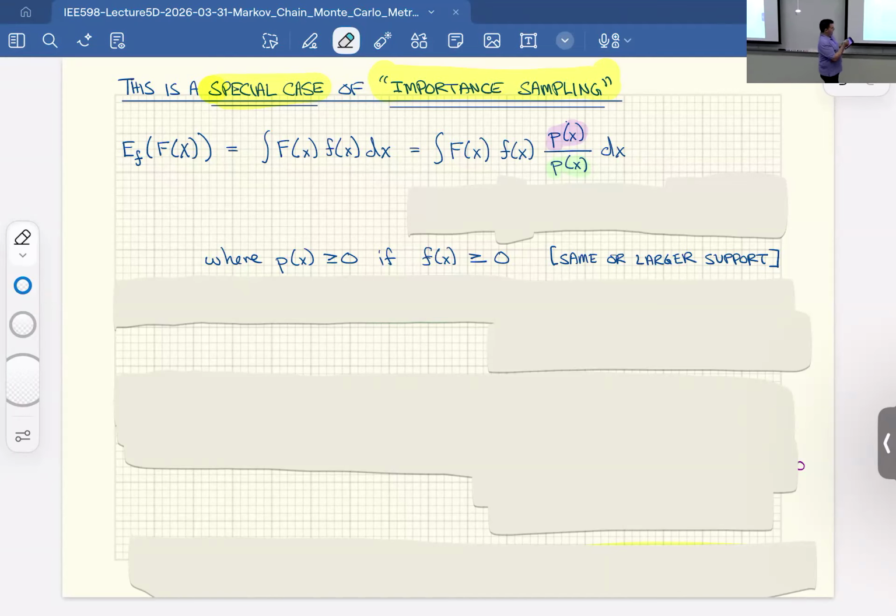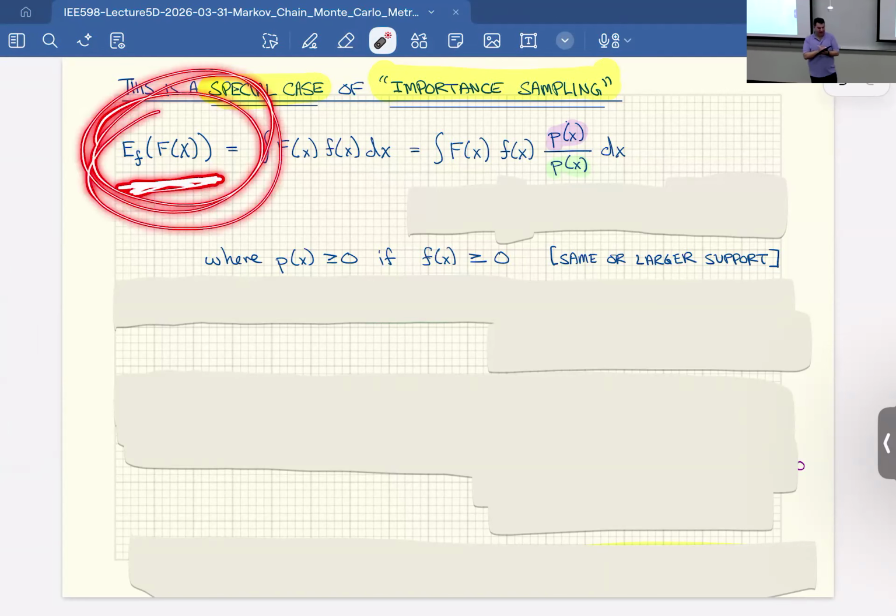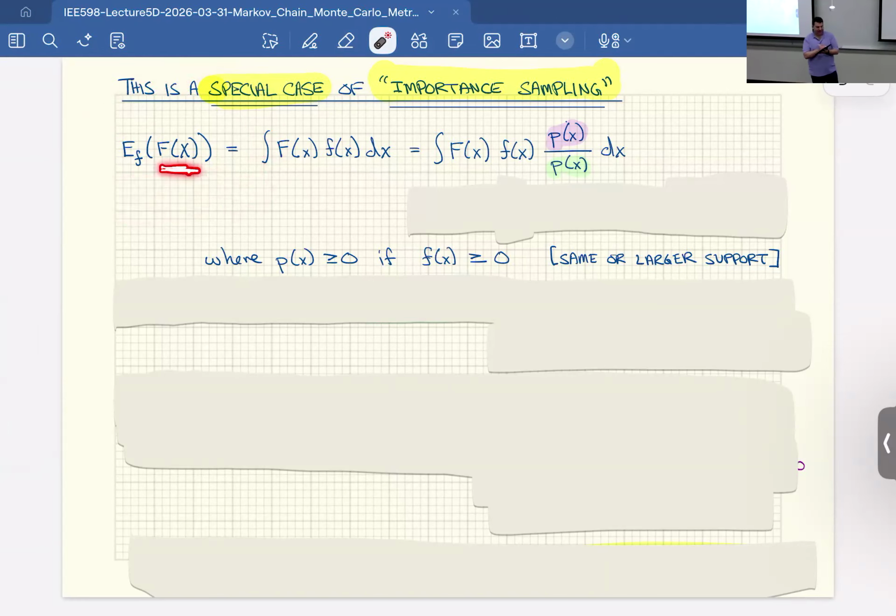So the idea here is, if I've got an expectation that I would like to calculate, the expectation of some function f under some distribution p of x, that's this integral. Well, I can just multiply this density by another density divided by itself, so long as this other density function doesn't have zero density anywhere that this has non-zero density.